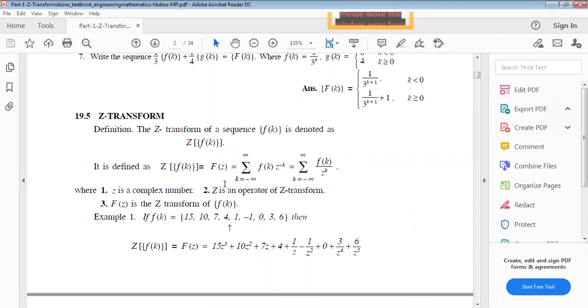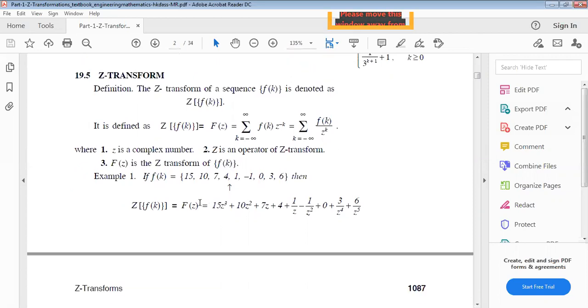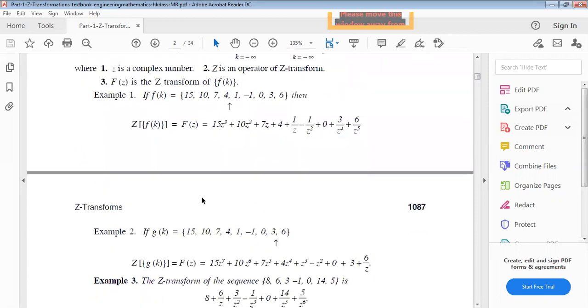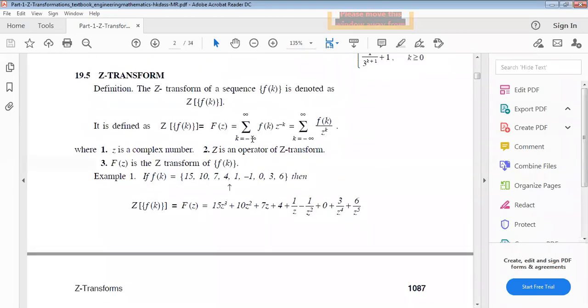Capital Z is the Z transform operator, and small z is the complex number. Remember it. And capital F of z is the Z transform of the sequence f of k. A sequence is always represented with a second bracket. Now follow this example. Example 1.